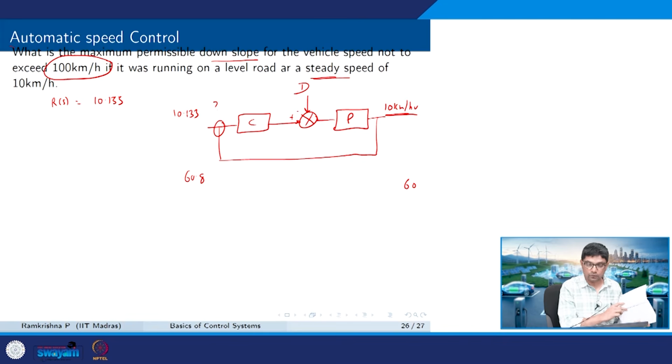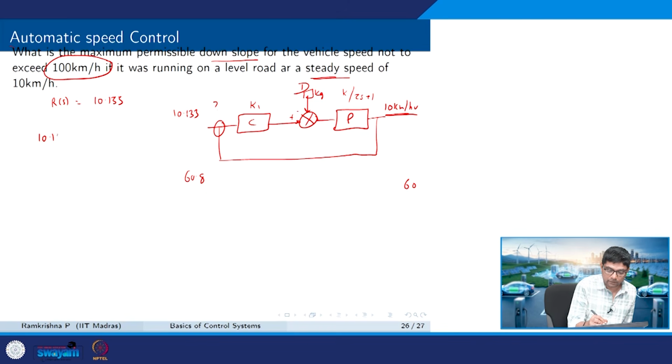So, there is 10 here, there is 10.133, there is a K1 sitting here, K over tau S plus 1 sitting here with their approximate values, there is a Kg here of 100. First, 10.133 comes from here through a negative feedback loop, this is 10, so minus 10, this is my error signal.